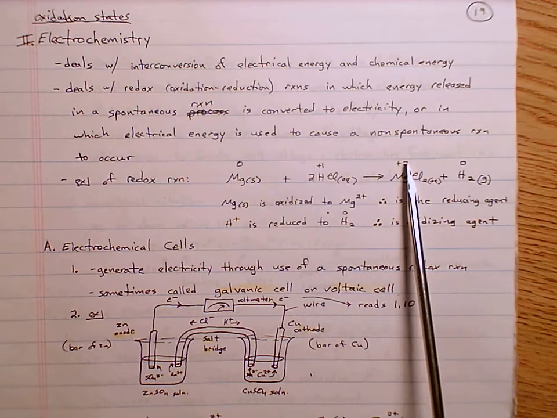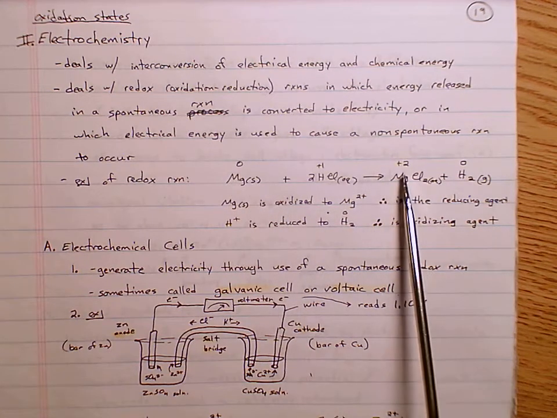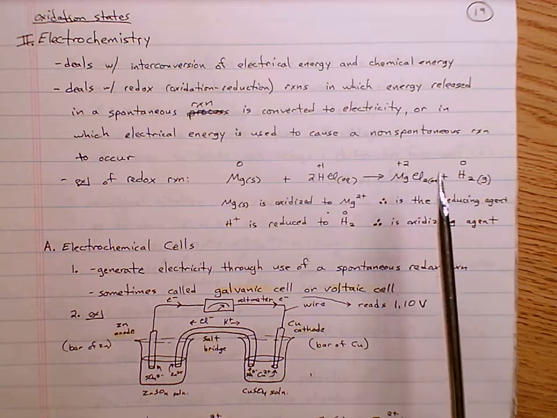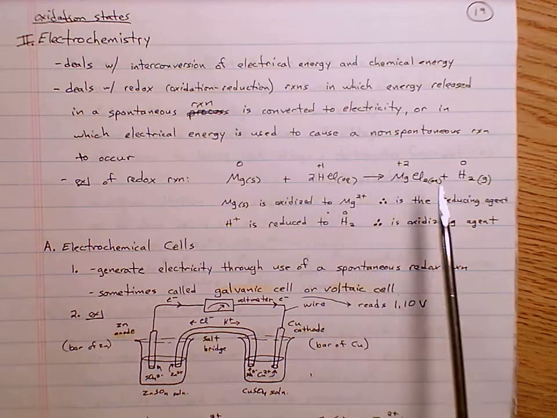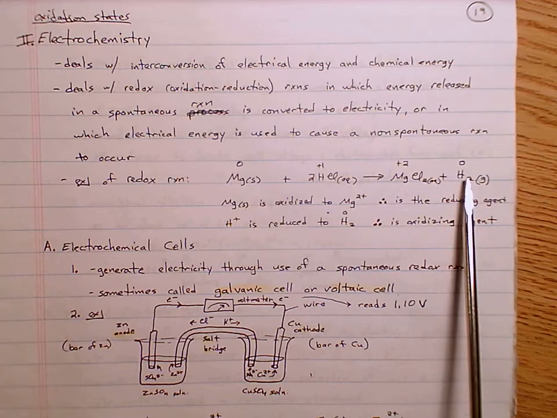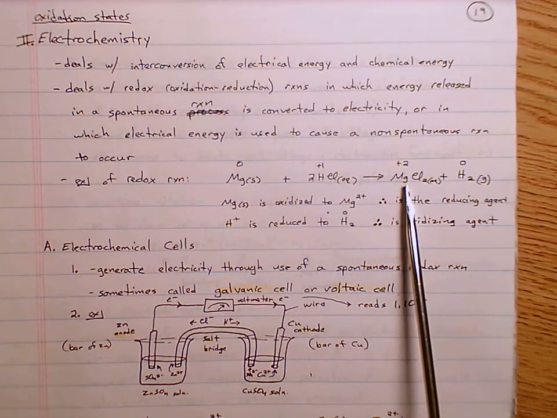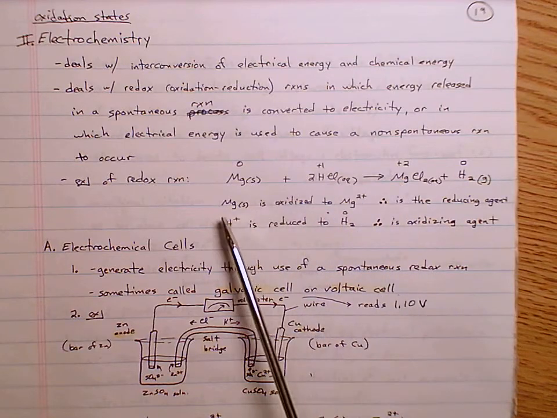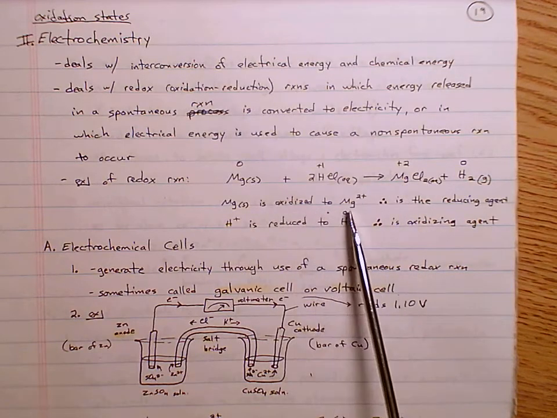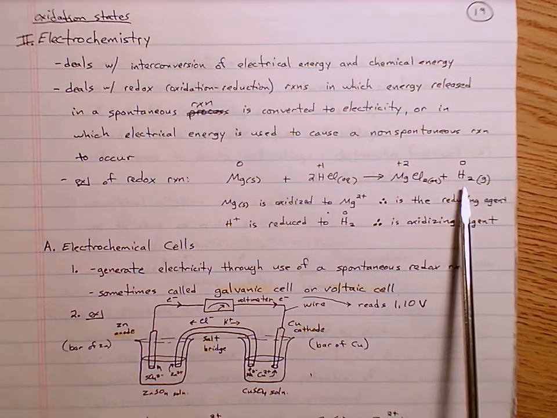Here our magnesium is 2+, so magnesium goes from oxidation state 0 to 2+. Chloride is -1, it stays at -1. Hydrogen goes from +1 to 0. Since the magnesium went from 0 to 2+, it gained positive charge. It means magnesium is oxidized to magnesium 2+, and the hydrogen protons are reduced to H2.